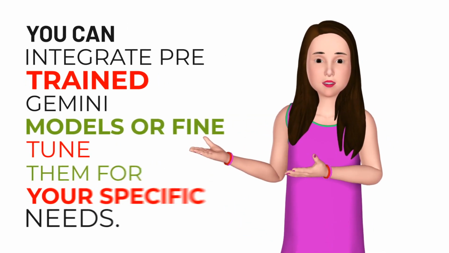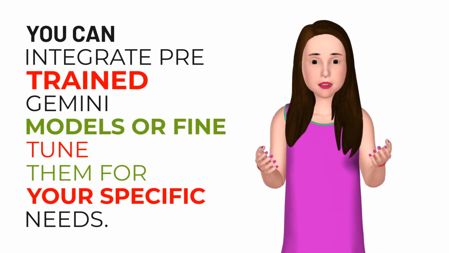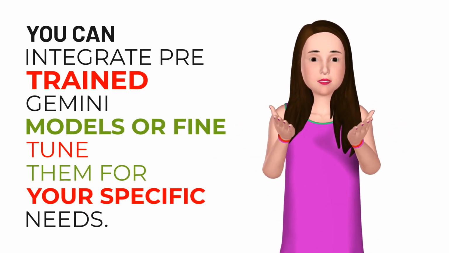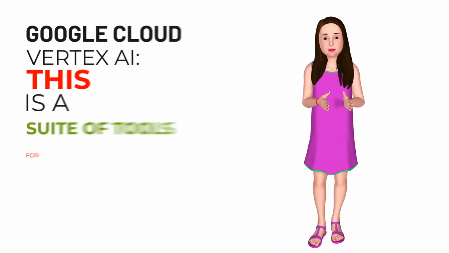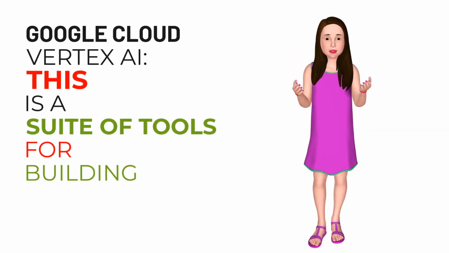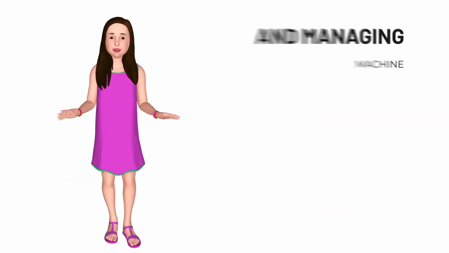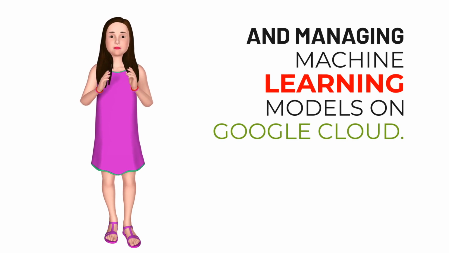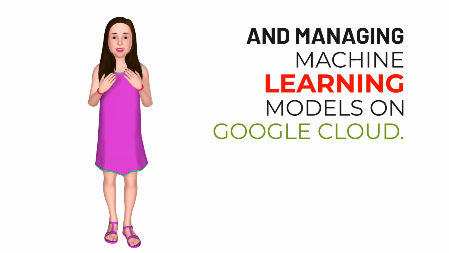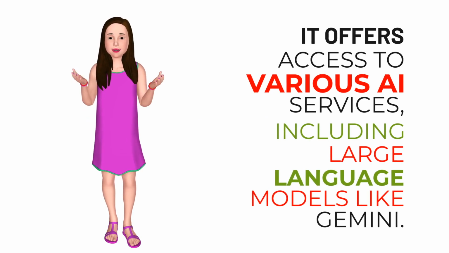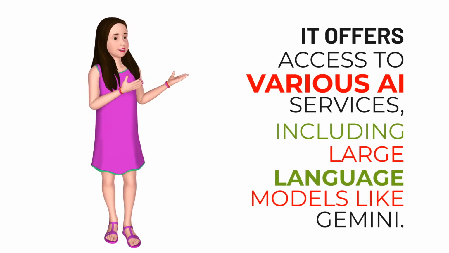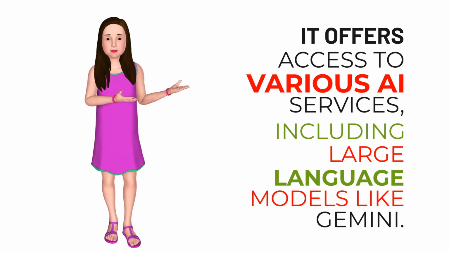You can integrate pre-trained Gemini models or fine-tune them for your specific needs. Google Cloud Vertex AI. This is a suite of tools for building and managing machine learning models on Google Cloud. It offers access to various AI services, including large language models like Gemini.